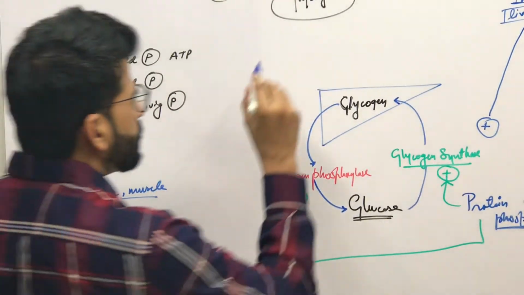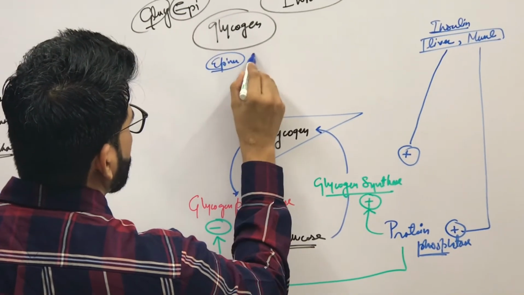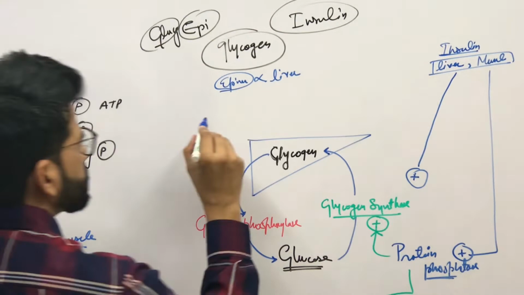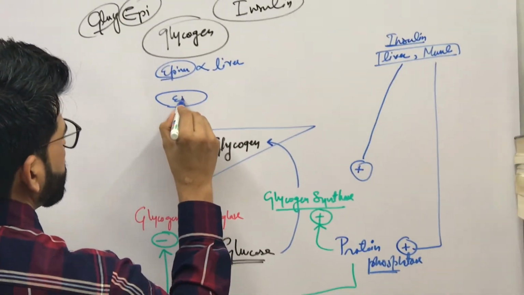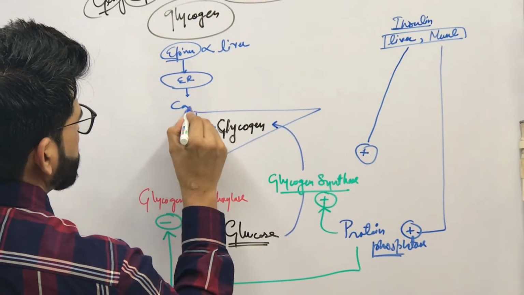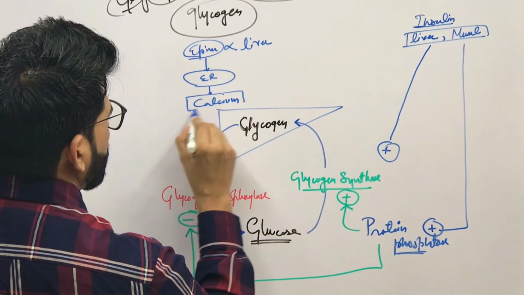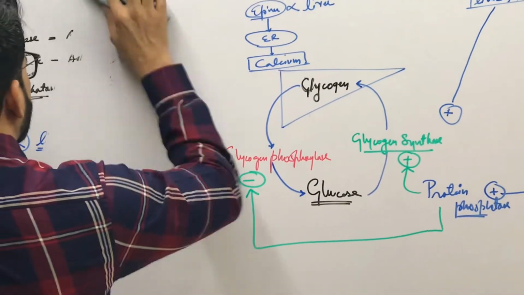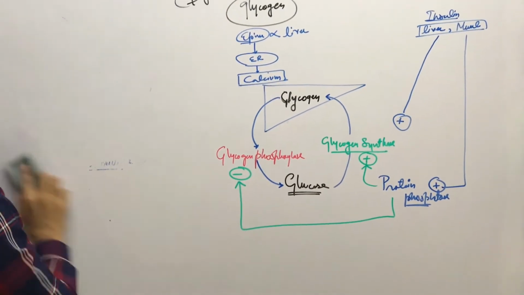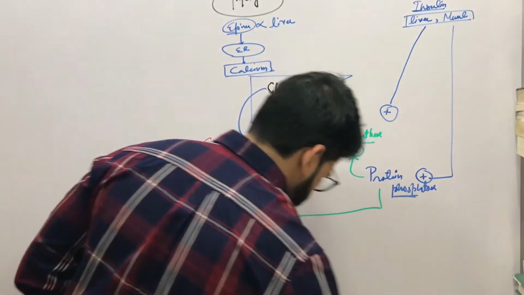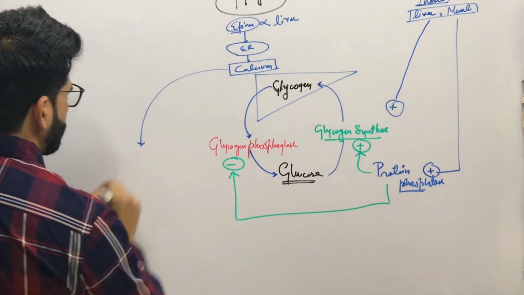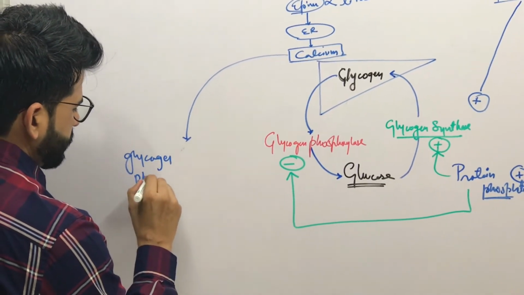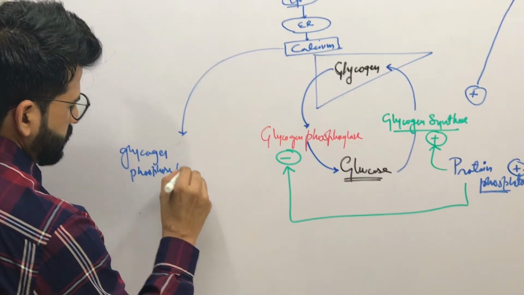So epinephrine, if it is working on alpha receptors, that is the liver, what exactly it is doing is, it is making the endoplasmic reticulum release the calcium. Now this calcium has a few important roles here. What is this calcium doing? This calcium can directly act on an enzyme which is called glycogen phosphorylase kinase.